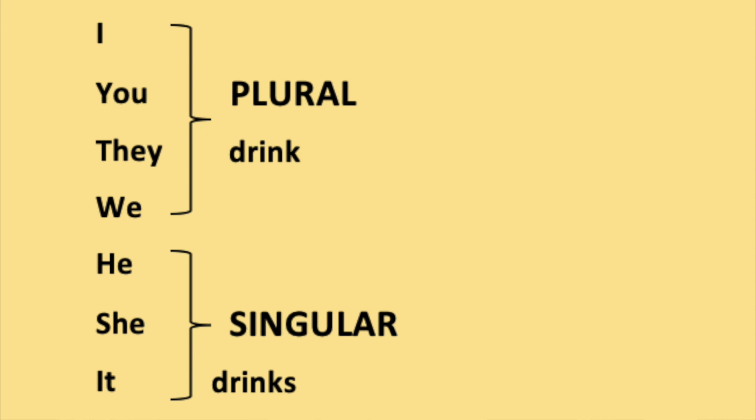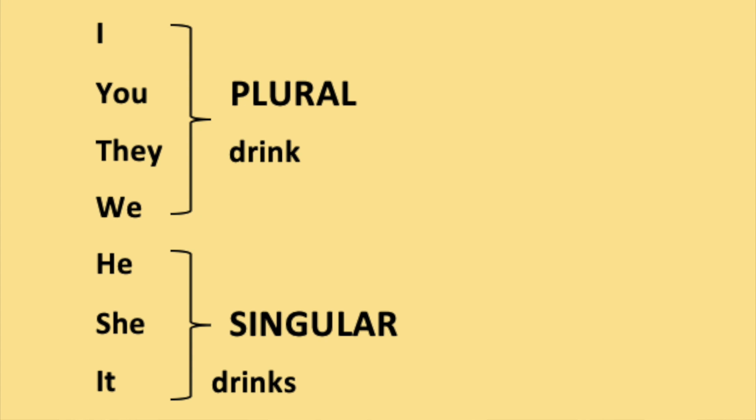I mean, if the first person singular, I, we should use drink. If the second person singular, you, we should use drink. Then if the third person singular, it means he, she, it, we should use drinks. Add s or es with the verb if the third person singular.